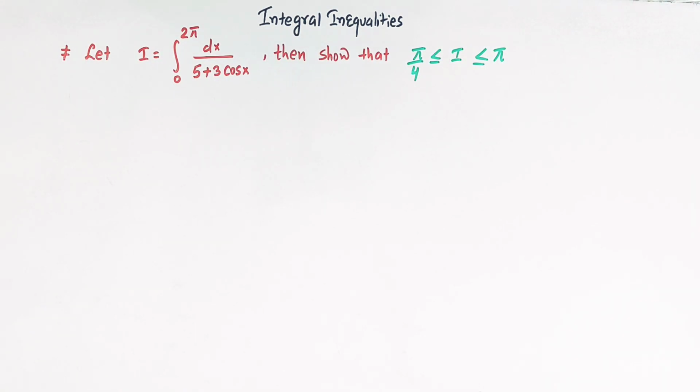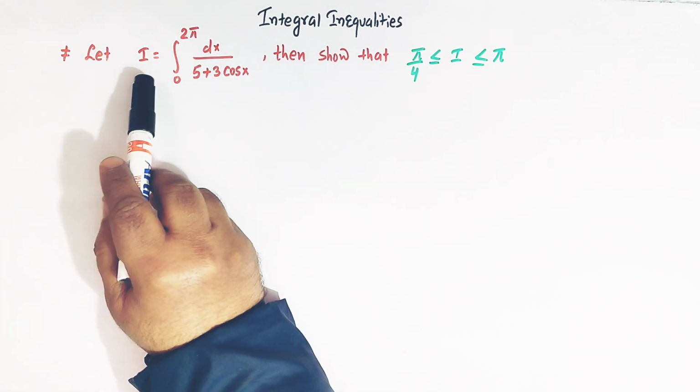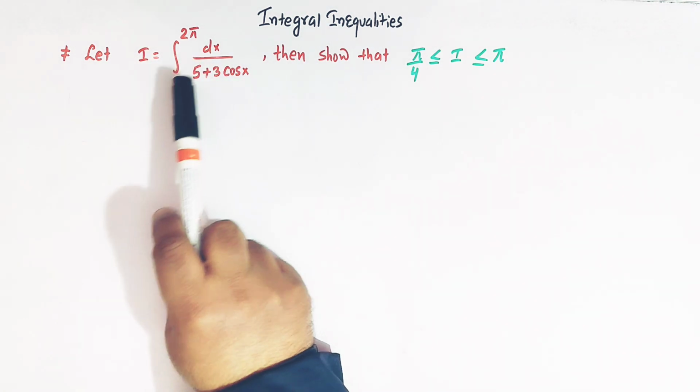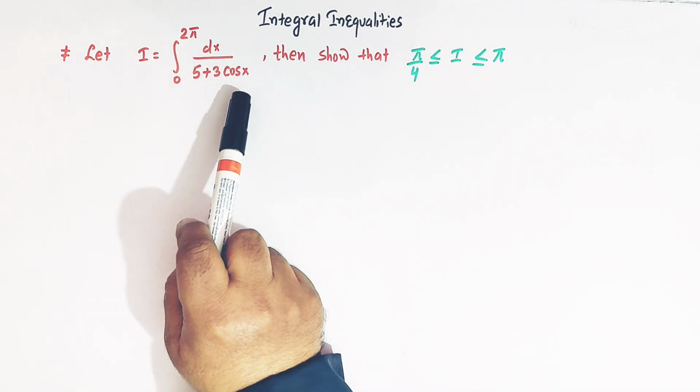Hello viewers, in today's class we are going to discuss another problem from integral inequalities. In this lecture we'll see a very important problem from estimation of integrals, in which we are given an integral I equal to the integral from 0 to 2 pi of dx over 5 plus 3 cos x.